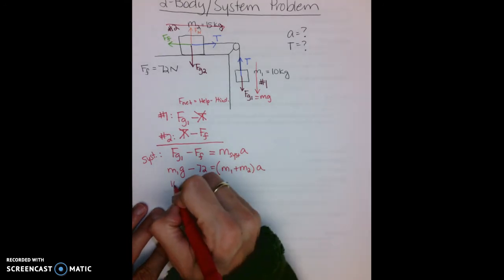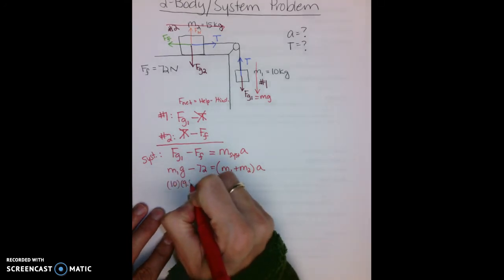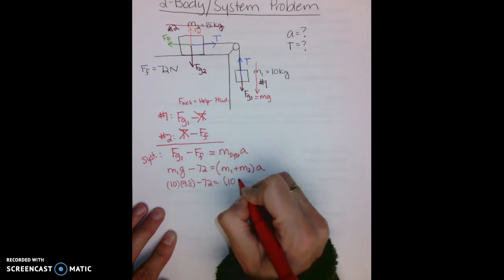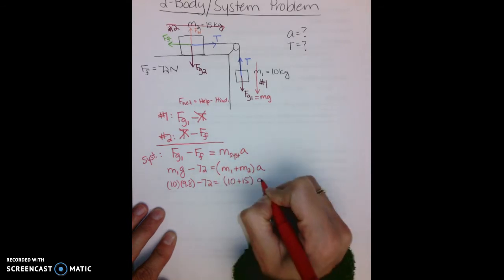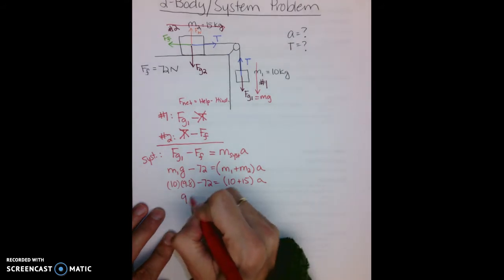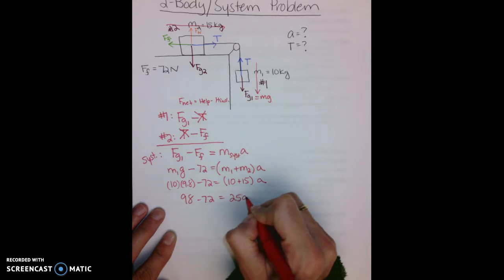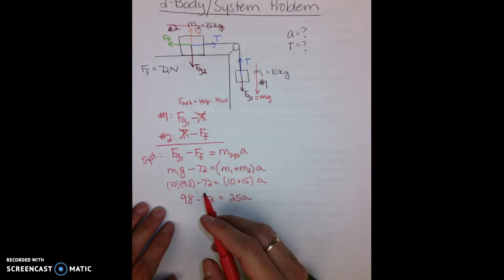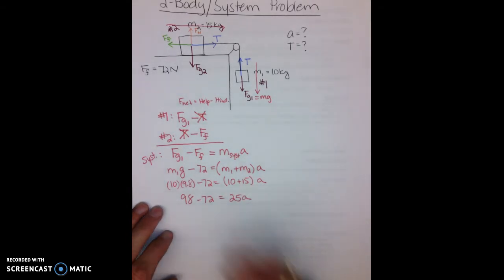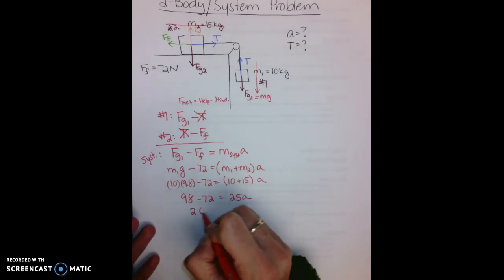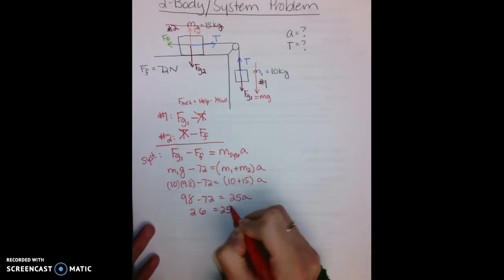So now I can plug some numbers in here. This is going to be 10 times 9.8 minus 72 is equal to 10 plus 15 times a. So this is 98 minus 72 is equal to 25a. 98 minus 72 is 26, so 26 equals 25a.